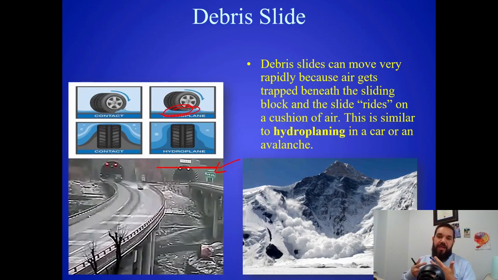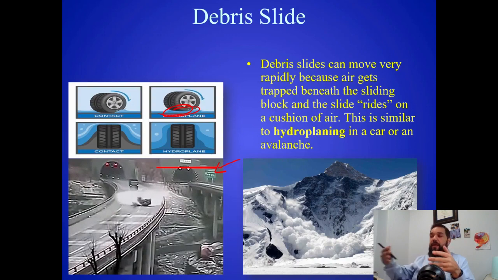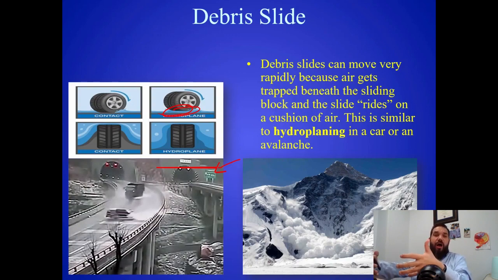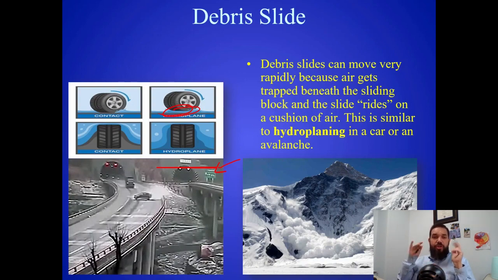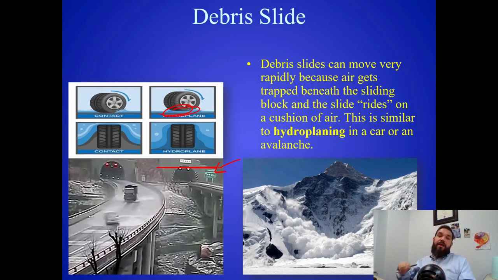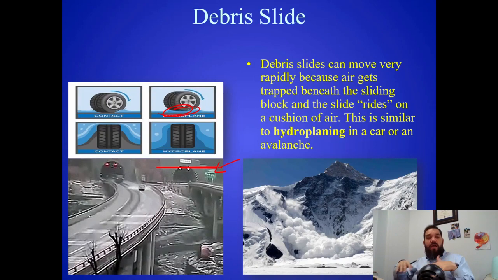They've lost contact and are riding on a cushion of water. The same thing can happen with rocks. During a slide, the rocks can lose contact with the surface below. They're riding on a cushion of air. It allows them to move at a really high rate because they have basically no friction. They're just sliding straight down this friction-free surface, riding on a cushion of air or water.